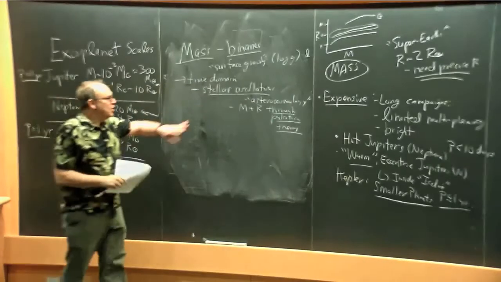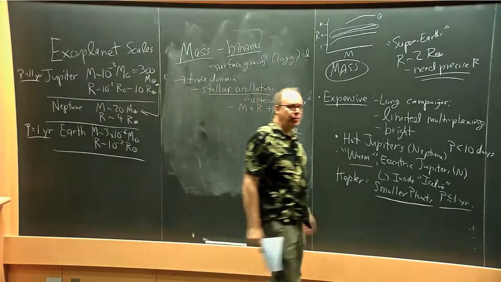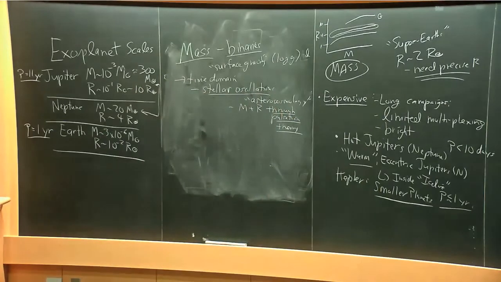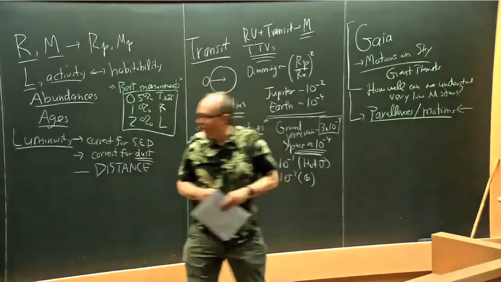Now, this is a beautiful technique. It's one that we've been able to apply directly in some planet search candidates. It's one that we can apply more broadly in the stellar context. And this represents, again, an exploding discipline in stellar astrophysics in terms of its broad applicability and use.